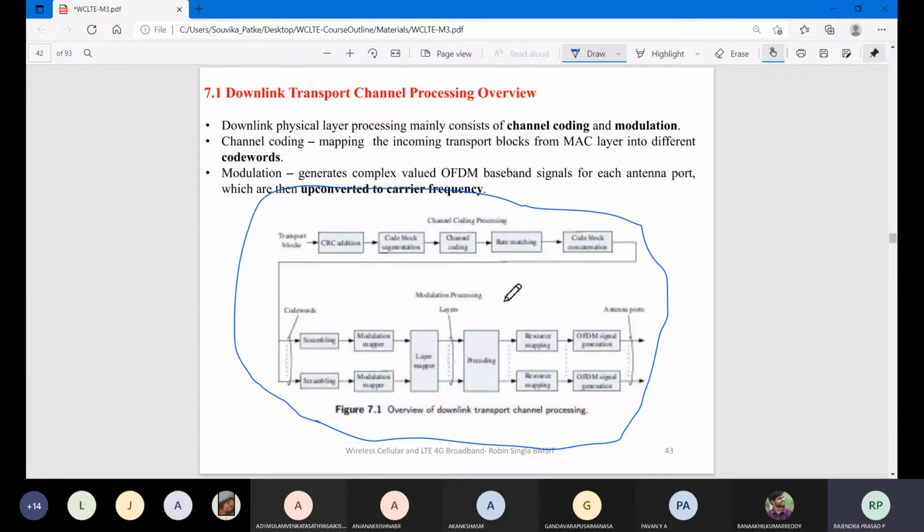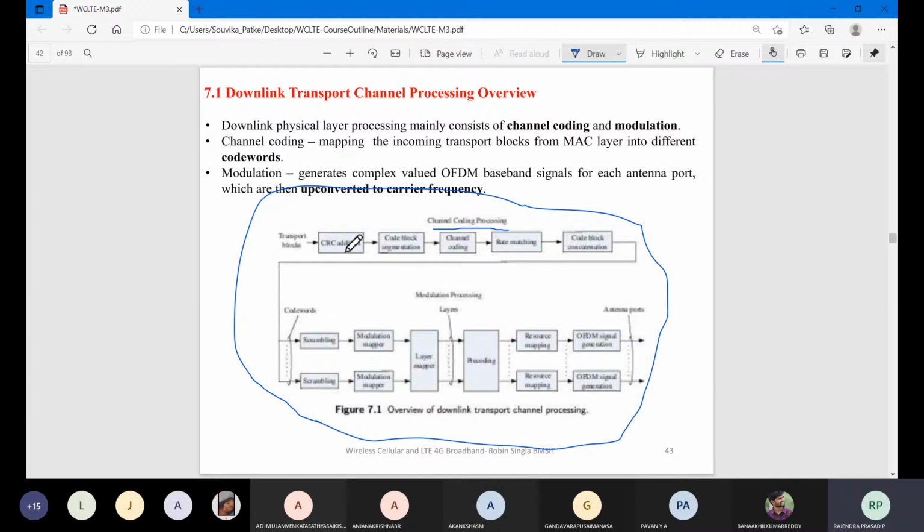Now here you see what the actual coding or demodulation process is. That is why the name given is channel coding processing, and it is the overview of downlink transport channel processing. Here we will find the different steps of how your data will be downloaded.